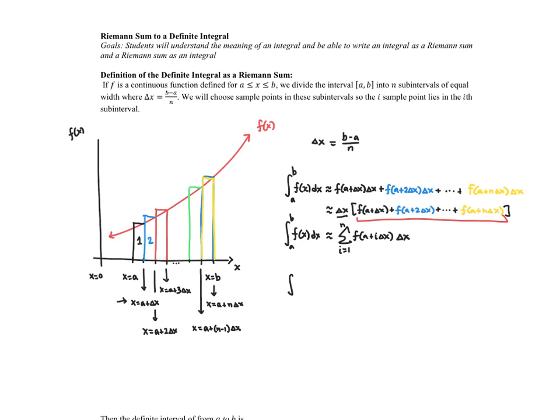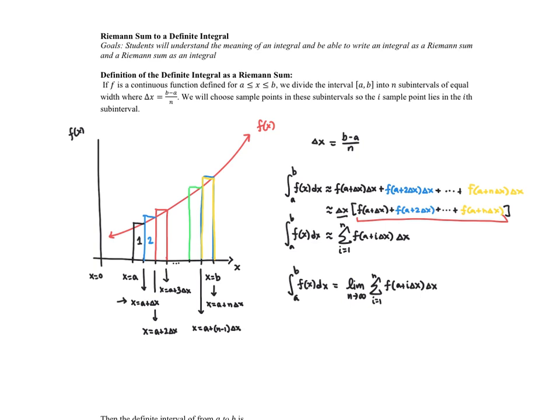Well, we're not going to change anything with our notation on the left side. What we're going to do is take the limit of the summation as n approaches infinity. What that does is squeeze and compress, so to speak, the width of each of the subintervals to the point where those widths are headed towards 0.